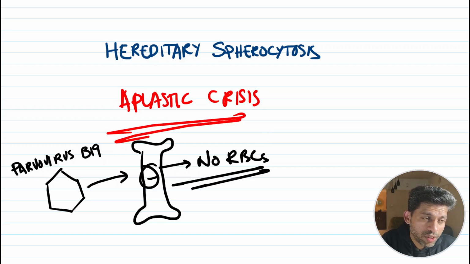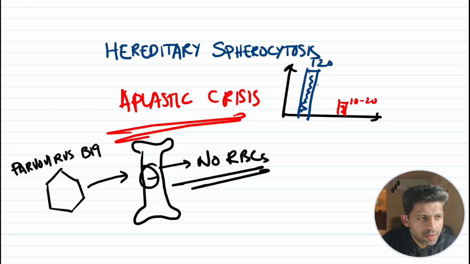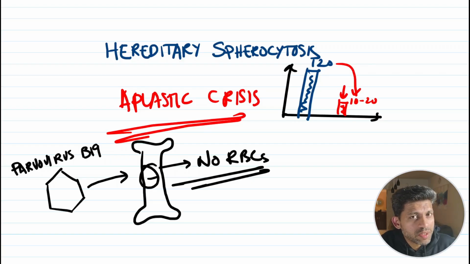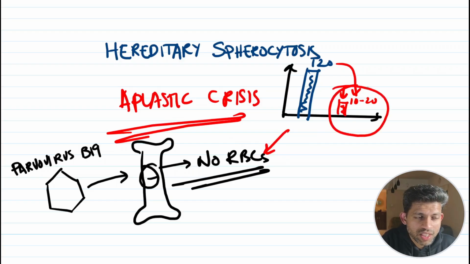Now, the problem with hereditary spherocytosis is that already the lifespan of RBCs is reduced from 120 days to 10 to 20 days in all patients of hereditary spherocytosis. Now, when production of RBCs is stopped, whatever RBCs are there in the circulation will die off within this period.